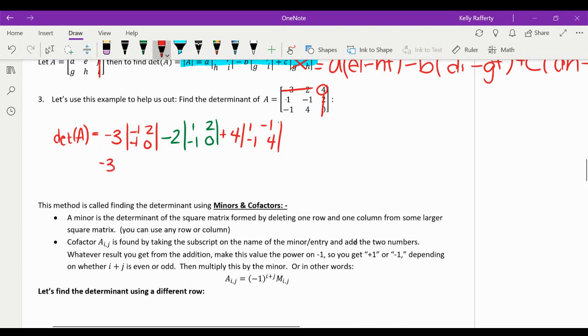So I'm going to multiply to find my actual determinant. So this would be -1 times 0 minus 4 times 2. Remember, we're finding the determinants of these little 2 by 2s. So I'm going to go through and write those out. This will be 1 times 0 minus -1 times 2, so that'll be plus 2.